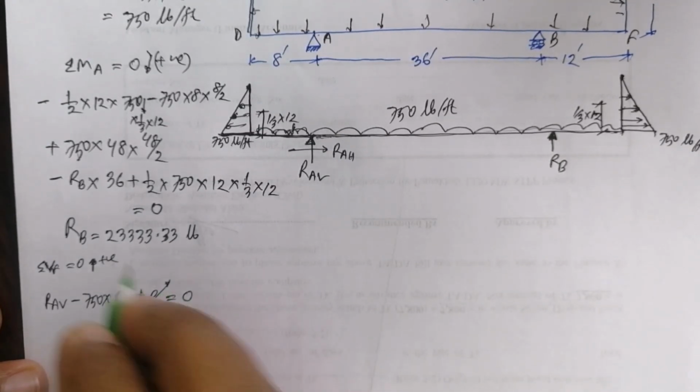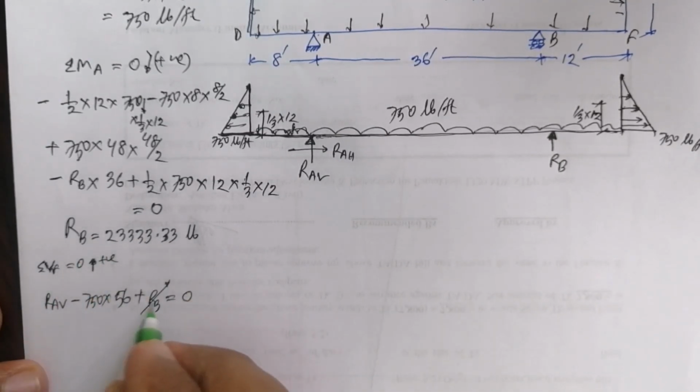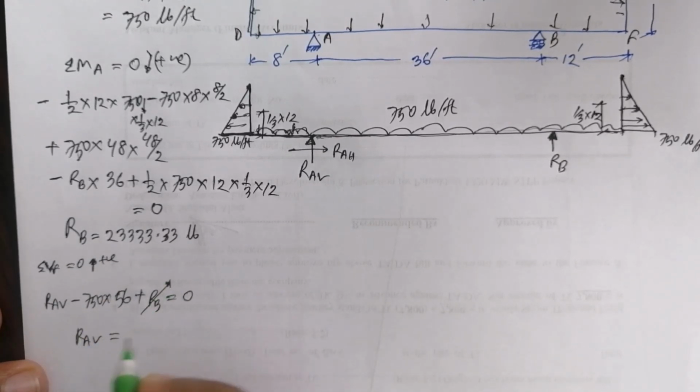We place the value of RB and get RAV as 18666.67 pounds.